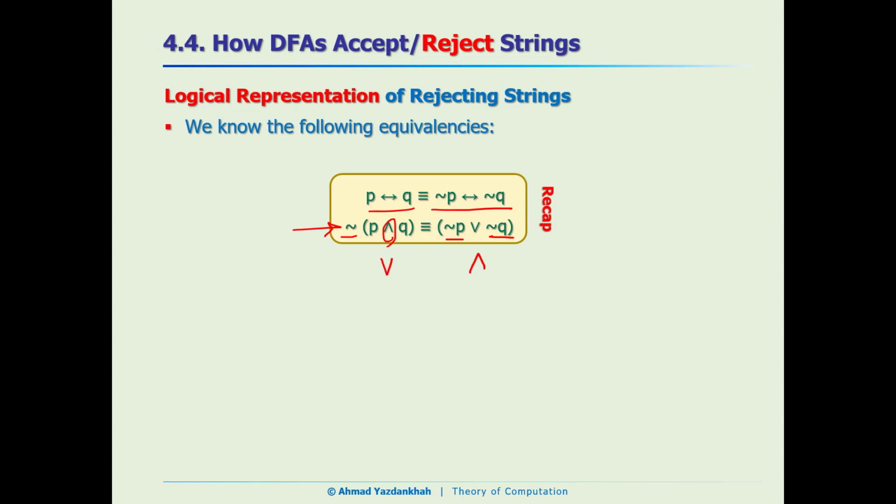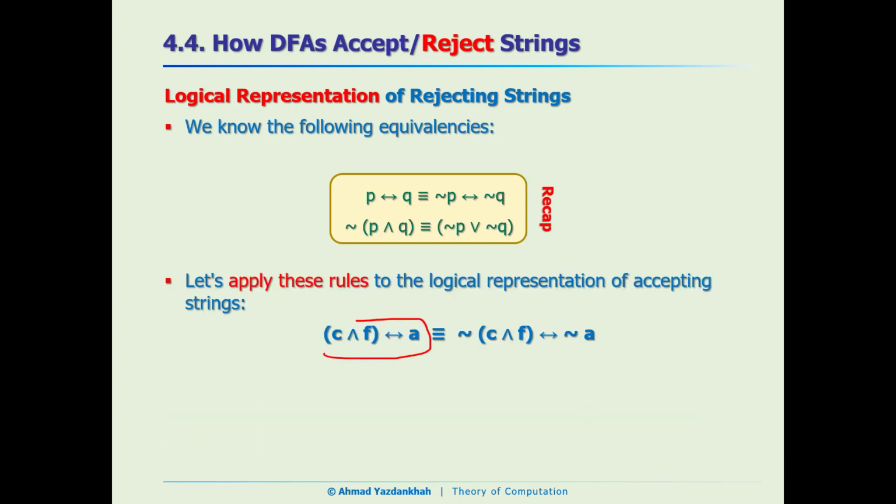Okay, so based on these two relationships or properties, now we can play with our logical equivalency here. First of all, we negate both sides of this and we get this.